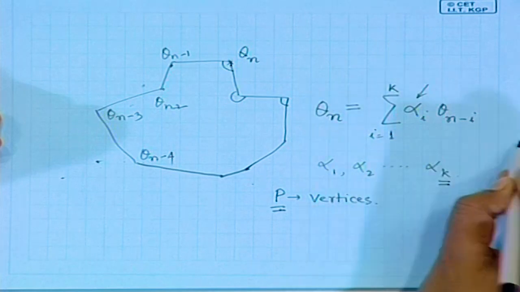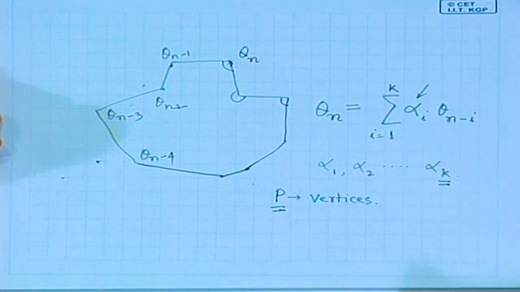Now, if p is exactly the same as k, then this model is well defined, because I know there are k number of variables alpha 1 to alpha k, and I have k number of equations. So, I can get a unique solution.